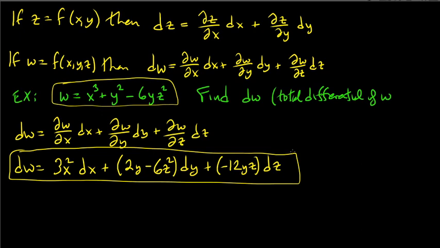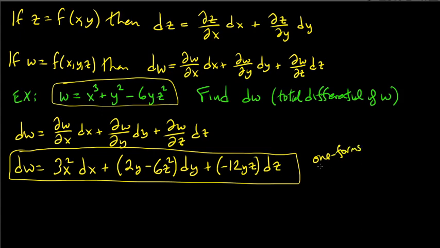Yes. More generally, most of you probably are not going to see this unless you take an advanced calculus analysis course or differential geometry, in which case these are called one-forms.